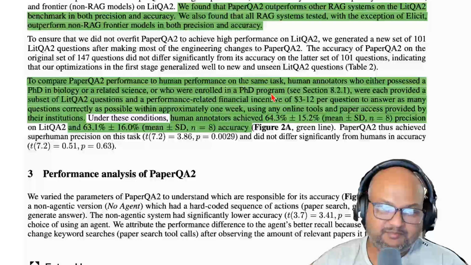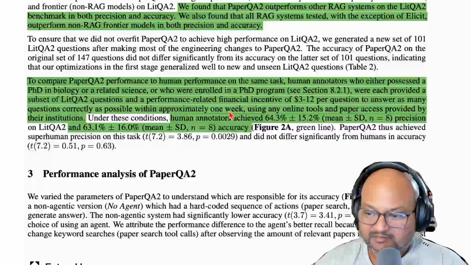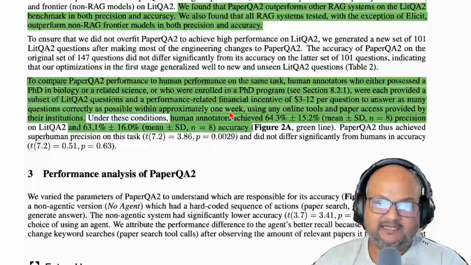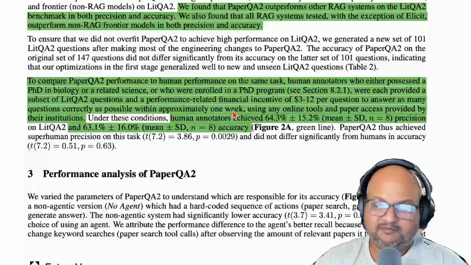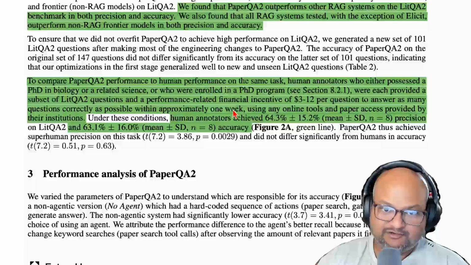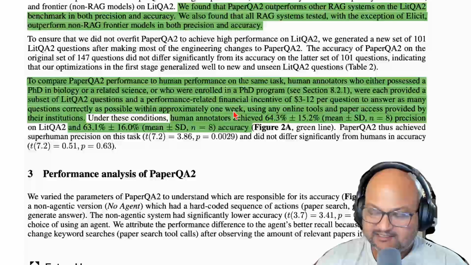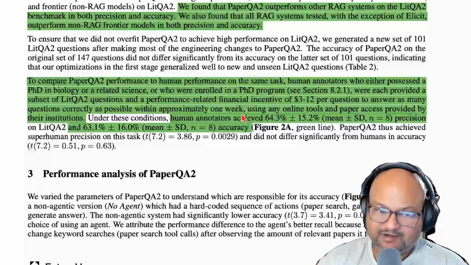And they were paid between $3 and $12 per question to answer as many questions within a span of a week. So that's a pretty stark comparison. So here's an agentic RAG system being compared with either PhDs or advanced graduate students that were paid to answer these things and could take up to a week to answer them.